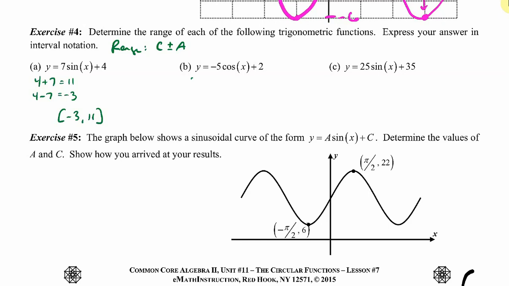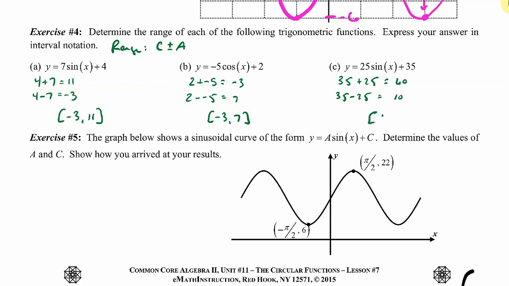Next up, 2 plus -5, 2 minus -5, -3 and 7. And lastly, 35 plus 25, 35 minus 25. And it looks like 60 and 10, so 10 to 60 for that graph.